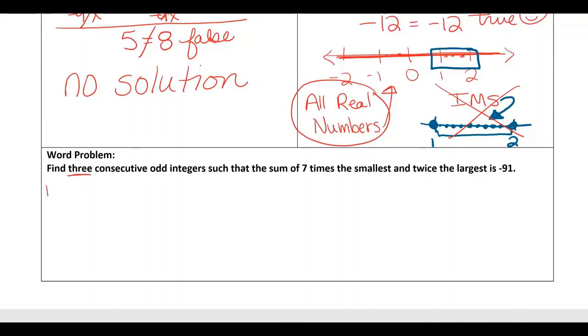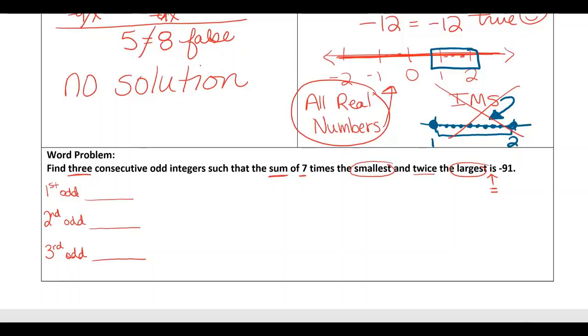So we need the first odd, the second odd, and the third odd number. Now the problem says to find those consecutive integers such that the sum of 7 times the smallest and twice the largest is, trigger word for equals, negative 91.